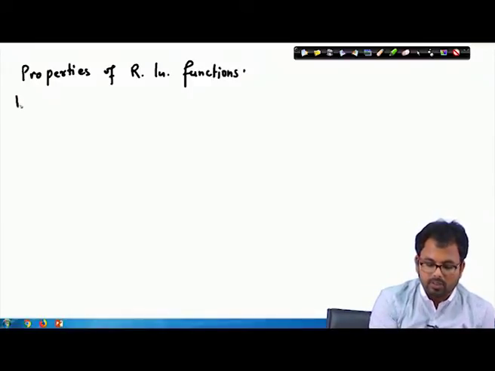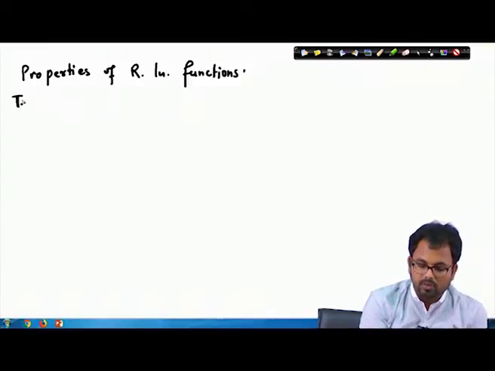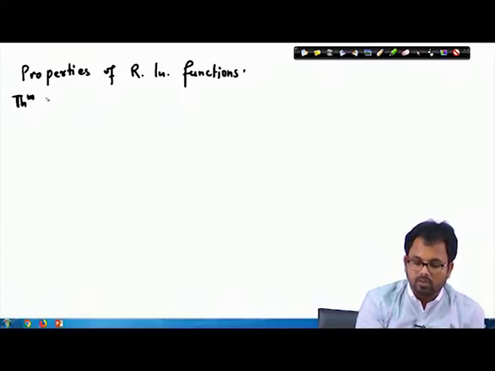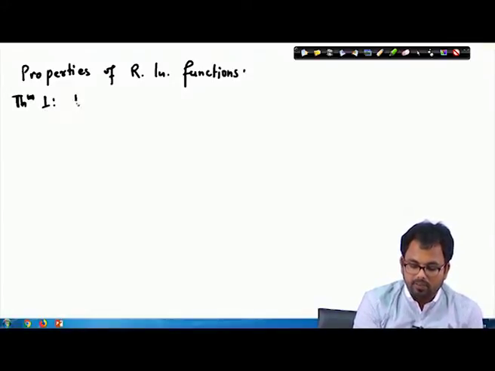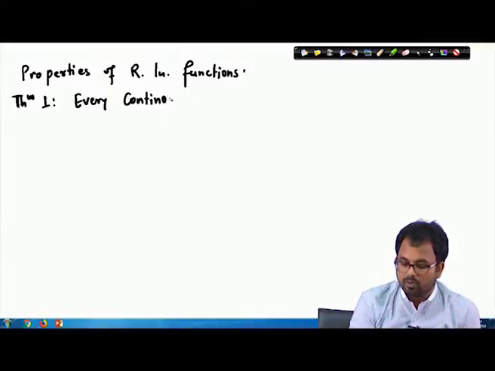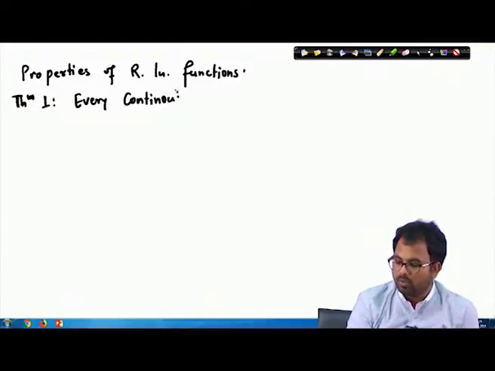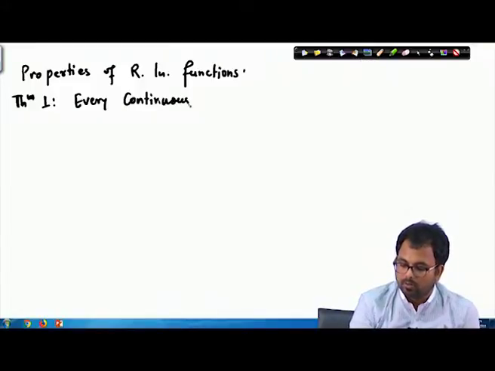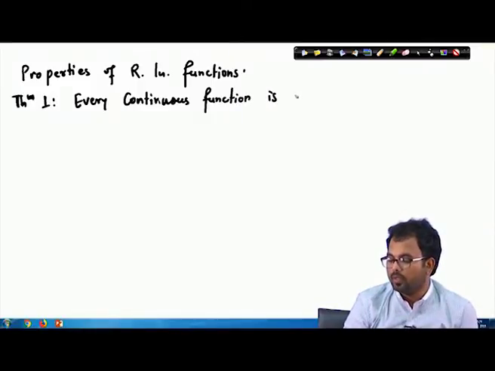The first property, or you can write it as a theorem, is: every continuous function is Riemann integrable.